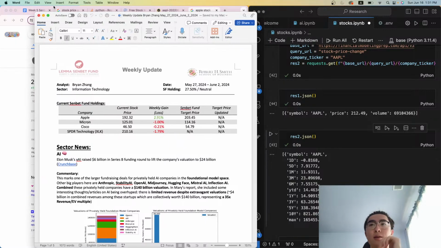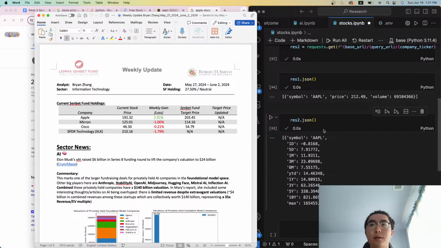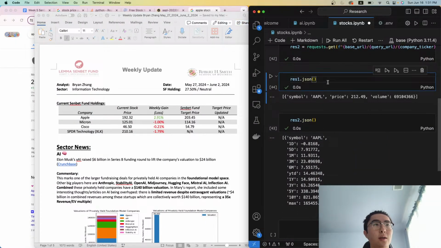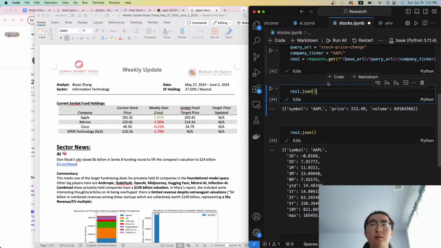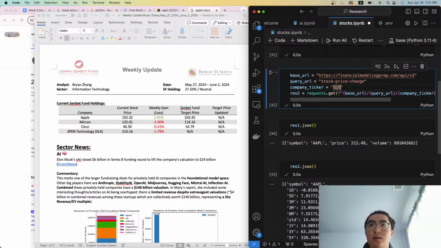So I think what I could do is probably do this. For Micron, let's see if they have XLK.